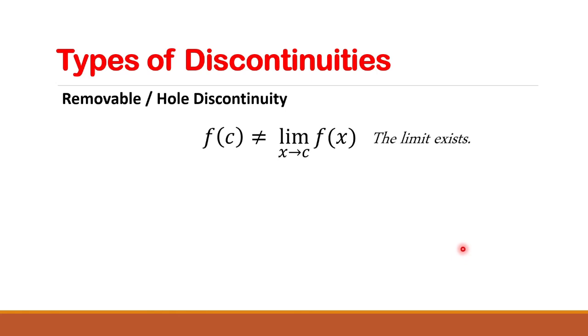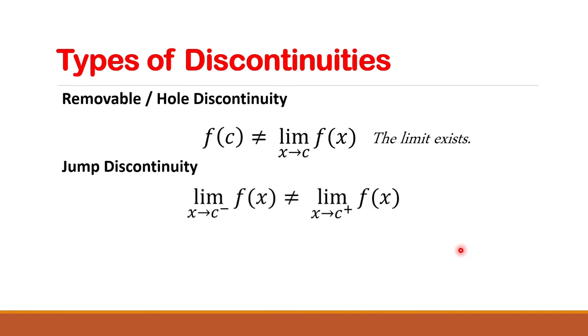So in this case, the limit exists. Jump discontinuity: we have the limit of the function as x approaches c from the left is not equal to the limit of the function as x approaches c from the right.